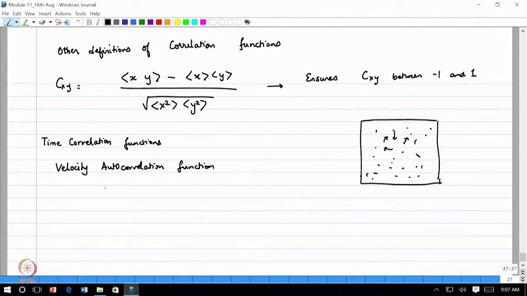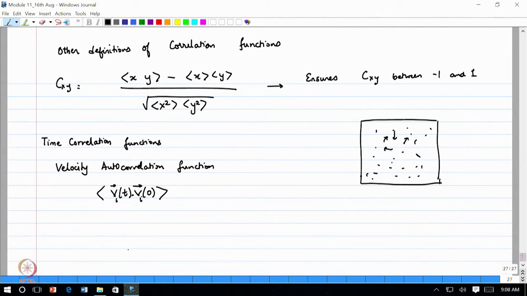So, you take the velocity at time t of any particle, and you take the velocity at time 0 and you take their product and you average this. Okay. So, this is the velocity of any particle. So, I can put an i if I want. And if it is a vector you can dot the vectors. So, this is called a velocity autocorrelation function, and this is a very well known quantity.